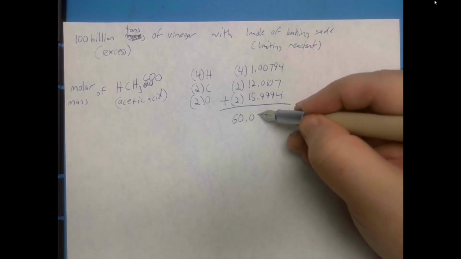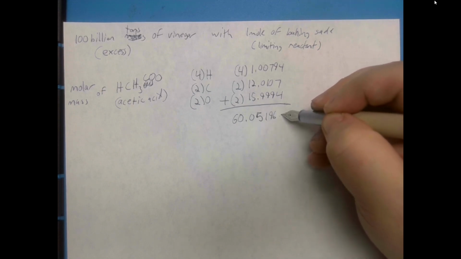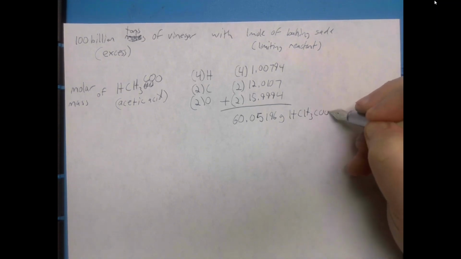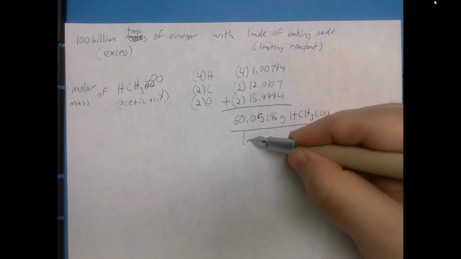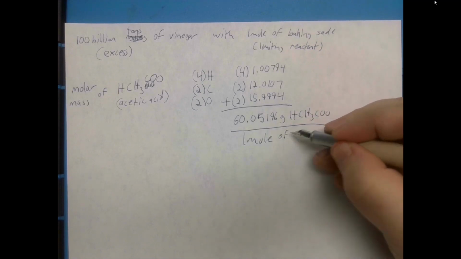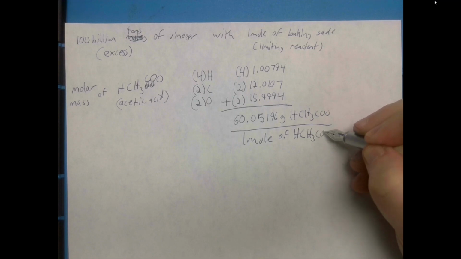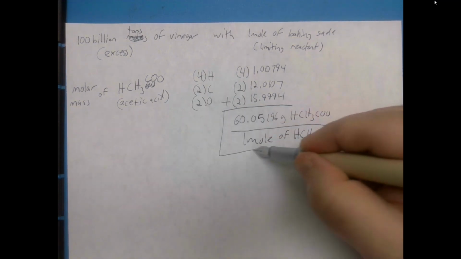It's 60.05196 grams of acetic acid per every 1 mole of acetic acid. That's the molar mass.